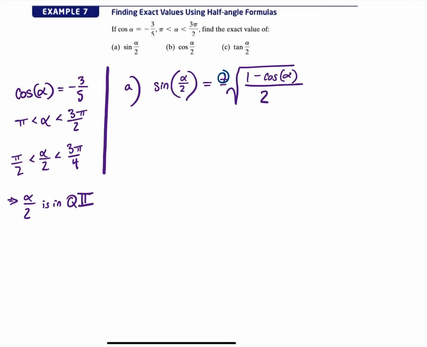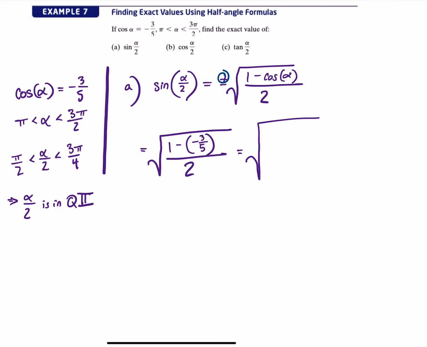And then we're given the value of cosine of alpha, so we can plug that in here as well. So this will be equal to positive square root of 1 minus negative 3/5, that's the cosine of alpha over 2. So let's just get rid of that double negative.